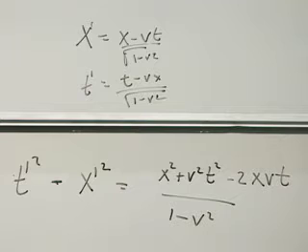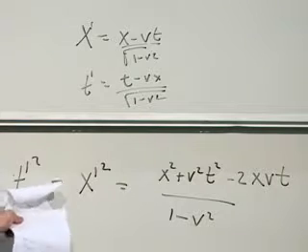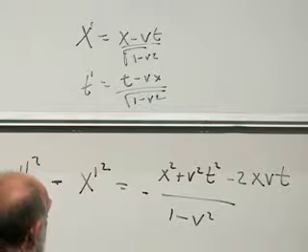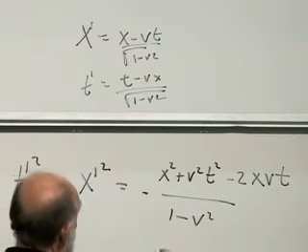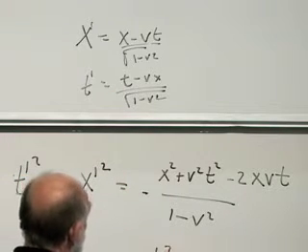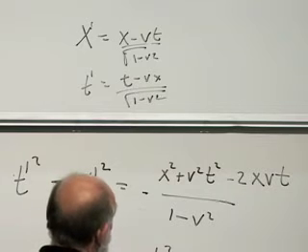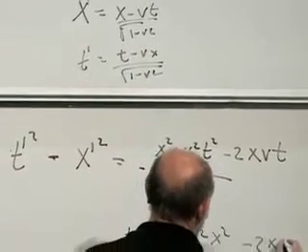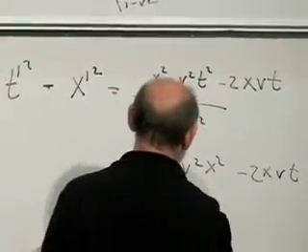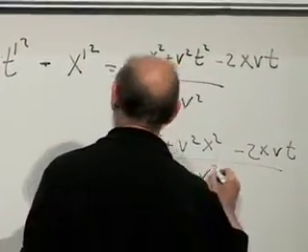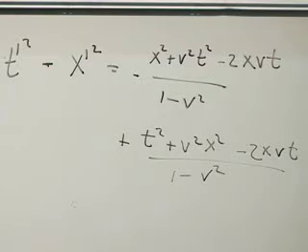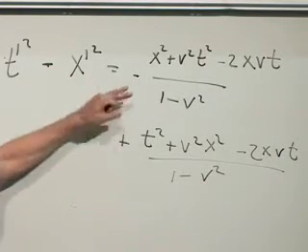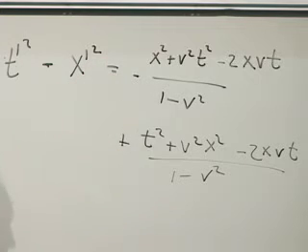That's x prime squared. That comes in with a minus sign here. But then let's add in t prime squared. T prime squared has t squared plus v squared x squared minus 2xvt, also divided by 1 minus v squared. So this is t prime squared, this is x prime squared, and we subtract them.